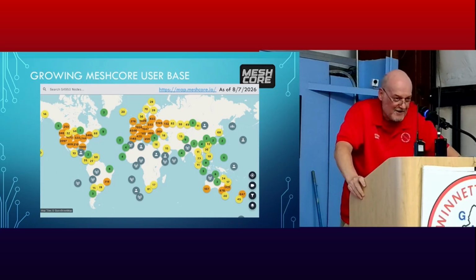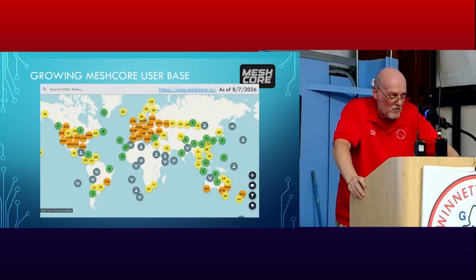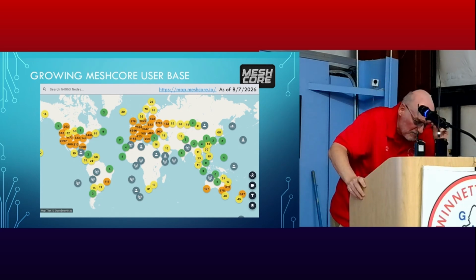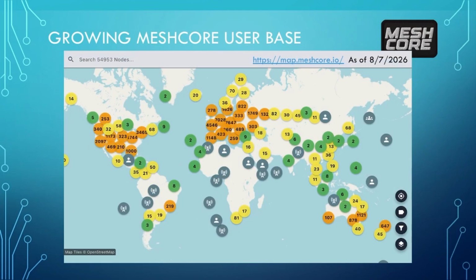So I mentioned that the user base has greatly grown. This is a screenshot I did of the meshcore.io map back on the 7th. There are, on this particular map, 54,953 nodes of one of the three varieties of nodes being displayed.